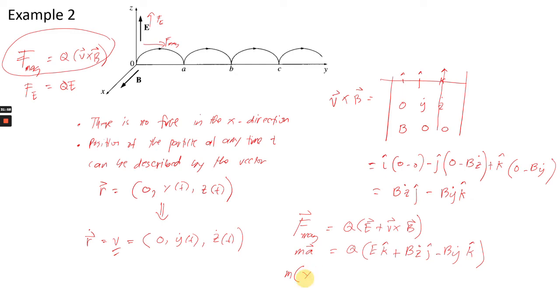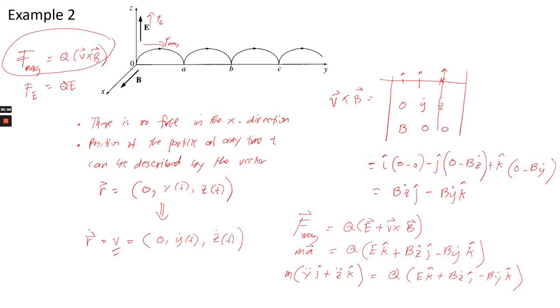So you have y double dot j hat plus z double dot k hat. Okay, so this is equal to Q E k hat plus B z dot j hat minus B y dot k hat.